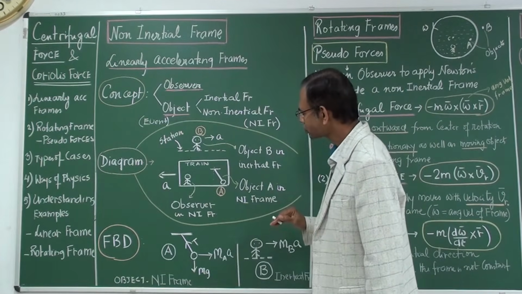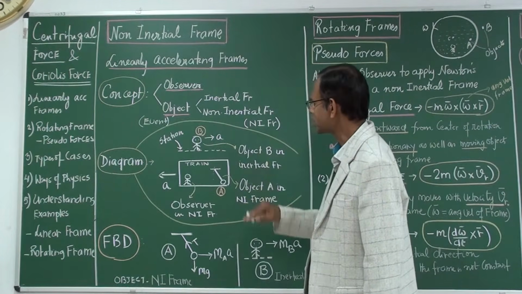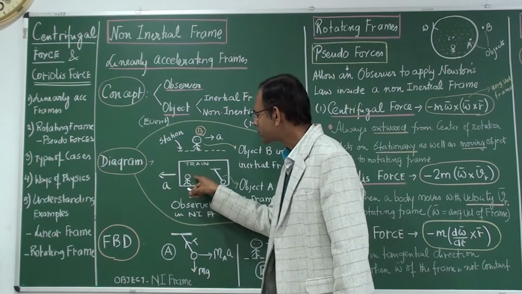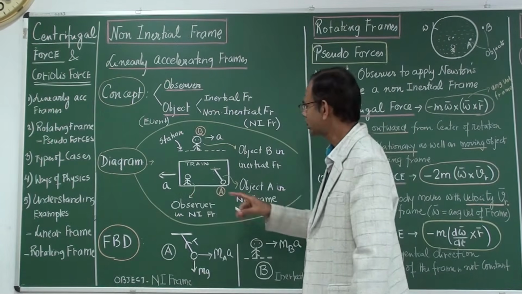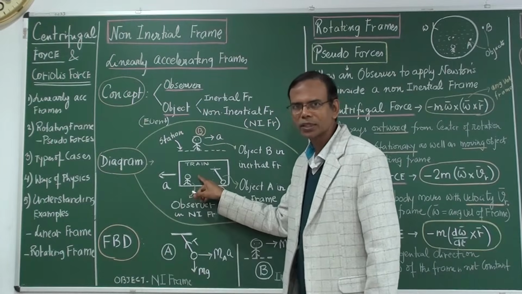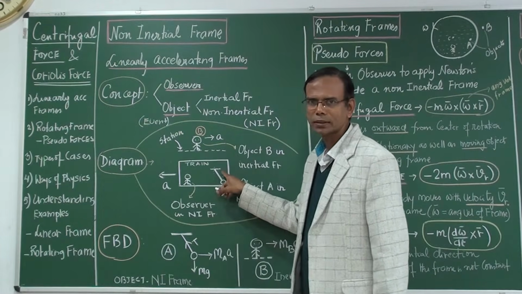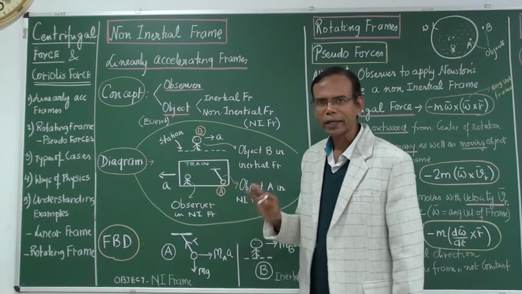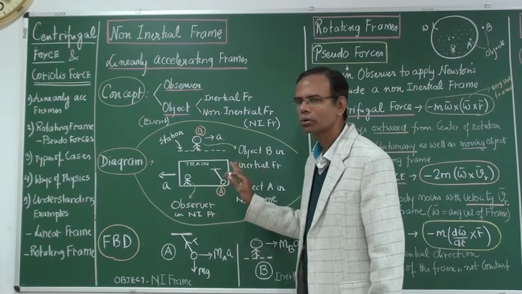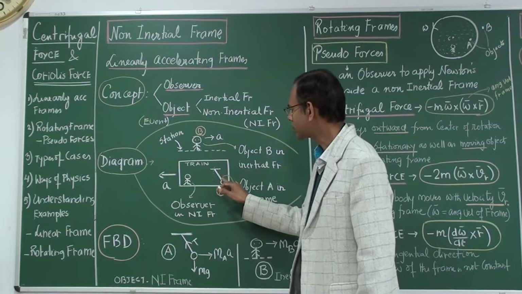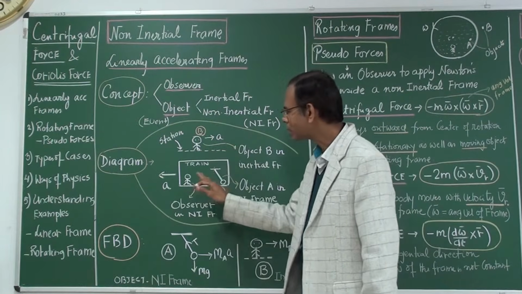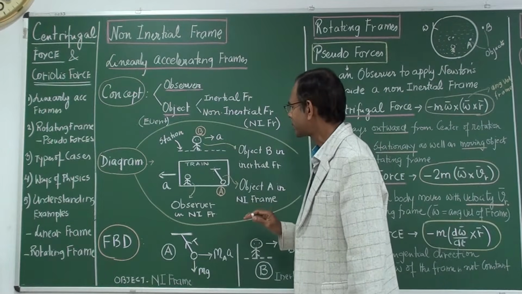Now, what we see: the observer in the train, which is an accelerating frame, will see another object, that is your pendulum, at rest, because this particular object is at rest in the accelerating frame.